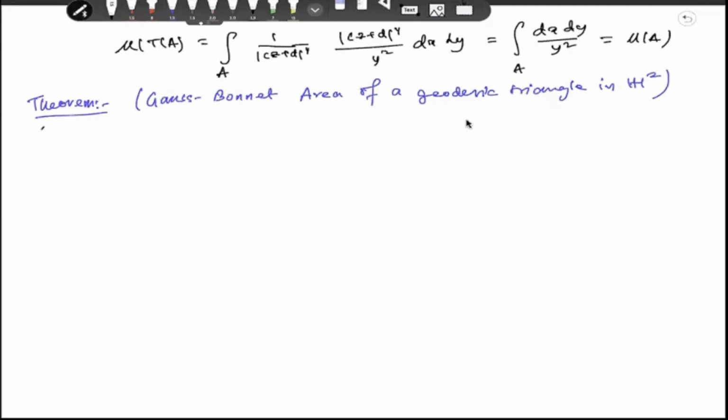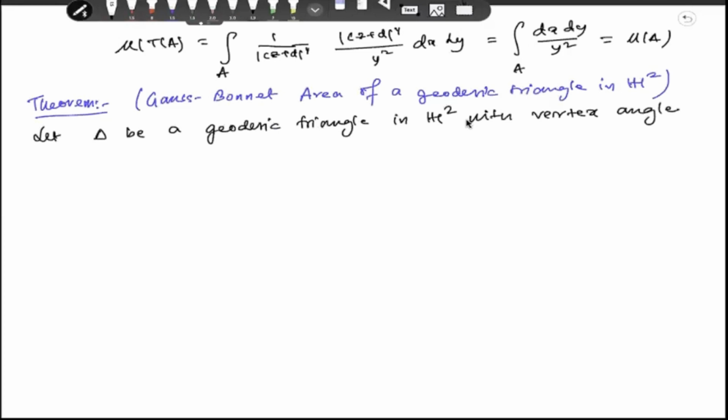So what is the statement? Let delta be a geodesic triangle in the upper half plane with vertex angles alpha, beta, gamma.